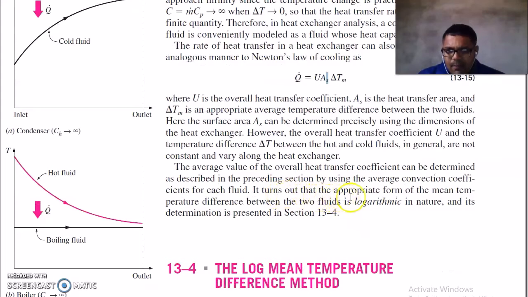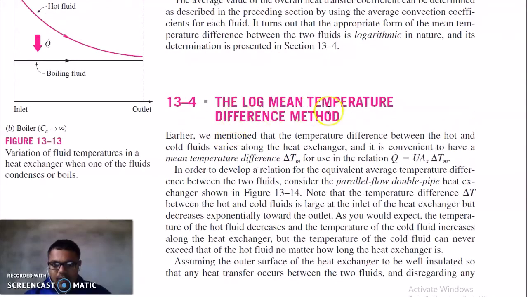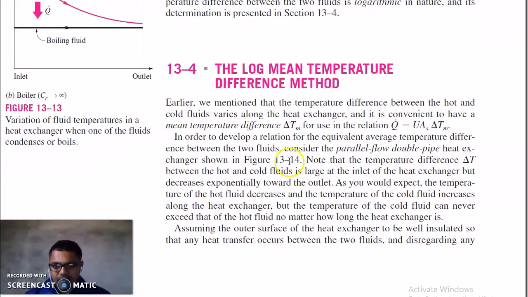It turns out that the appropriate form of mean temperature difference between the two fluids is logarithmic in nature, and it can be calculated as below. The log mean temperature difference method. So we know heat transfer is equal to U A_s delta T_m, where delta T_m is the mean temperature difference.